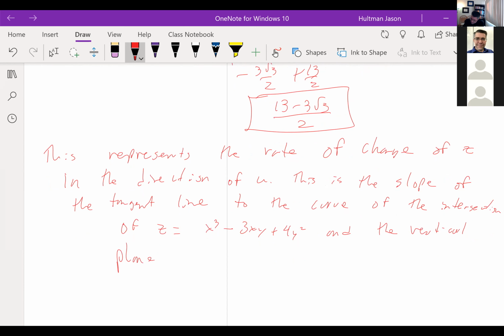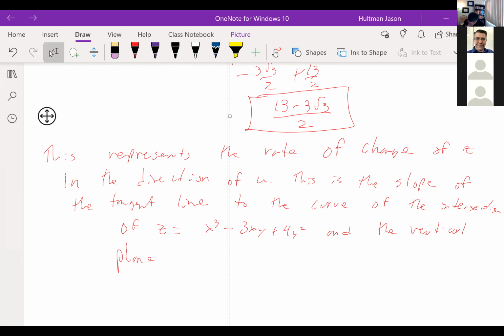okay, and the vertical plane, so it's where they intersect.